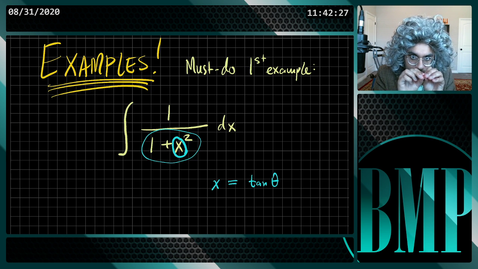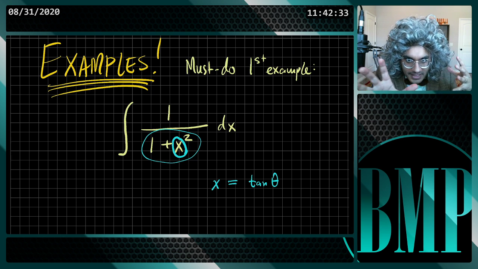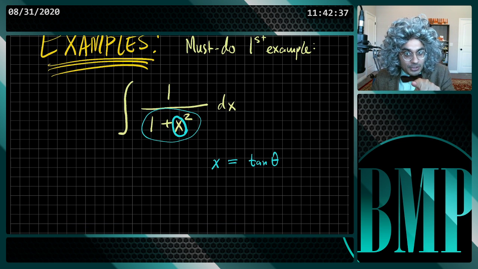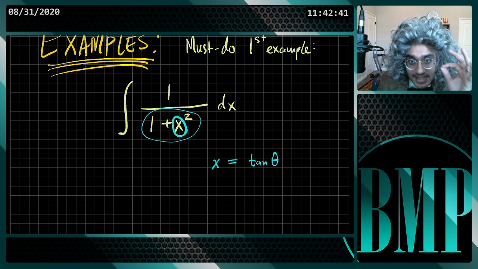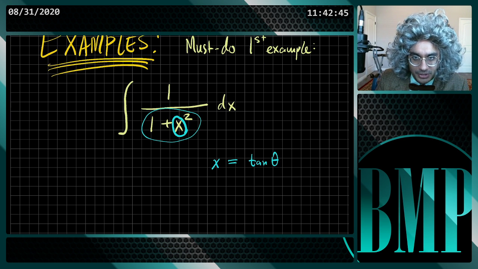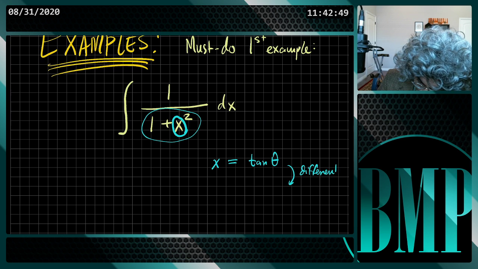But this time we're doing it in a little opposite style. Like x, you inflate it into something crazier, like tangent theta. That is the trig sub. And next, you differentiate the substitution, just like you did with u substitution.